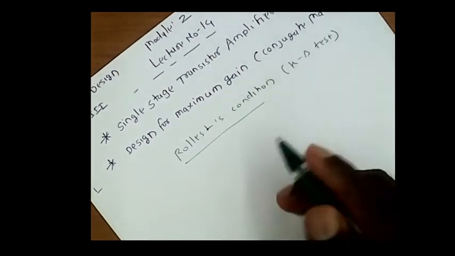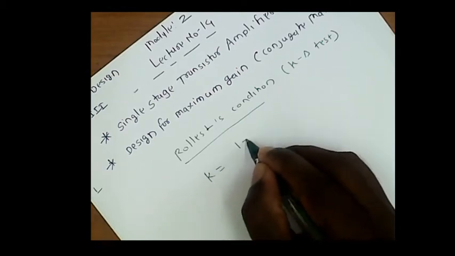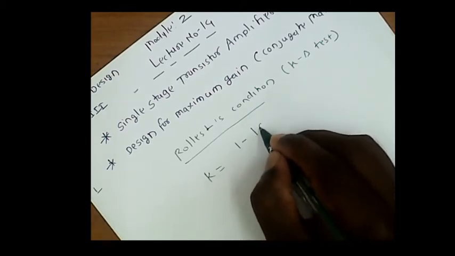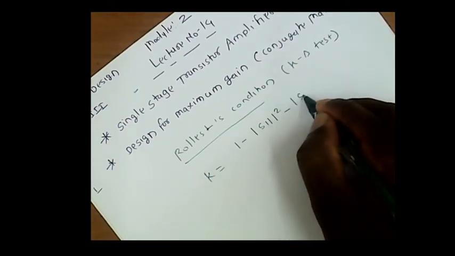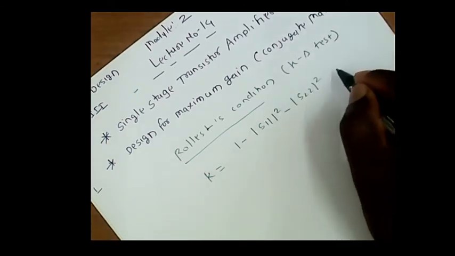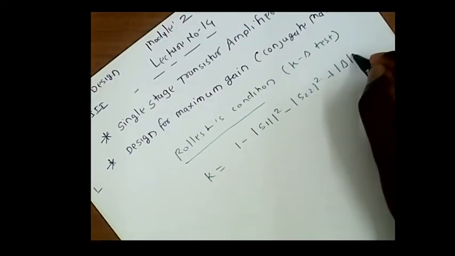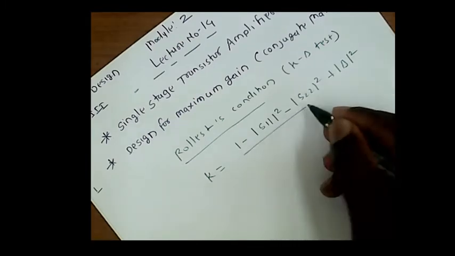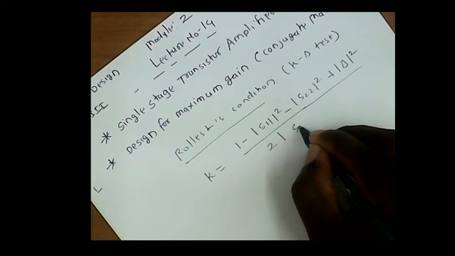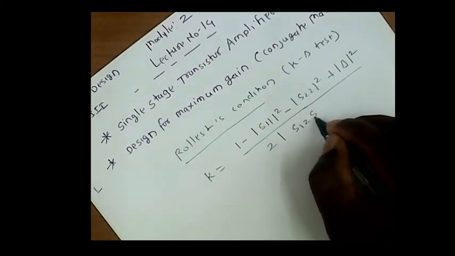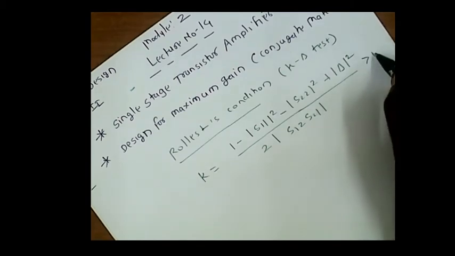So K can be defined in terms of S parameters: 1 minus S11 squared minus S22 squared plus delta squared, divided by twice S12 times S21, and it should be greater than 1.